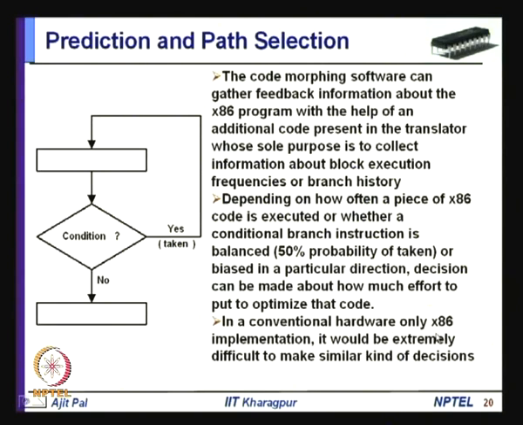In a conventional hardware-only x86 implementation, it would be extremely difficult to make similar decisions. Whenever you are doing it by hardware, it is not really possible to devote more time for optimization to a particular part of code and less time to another part. This is feasible only because you are doing it by software.